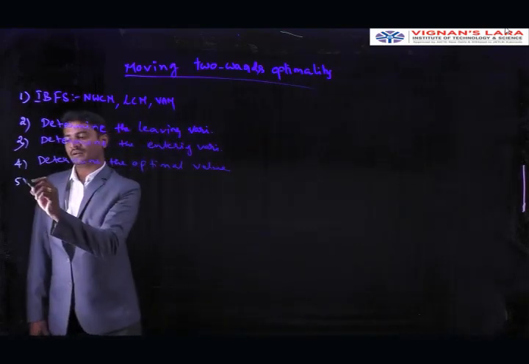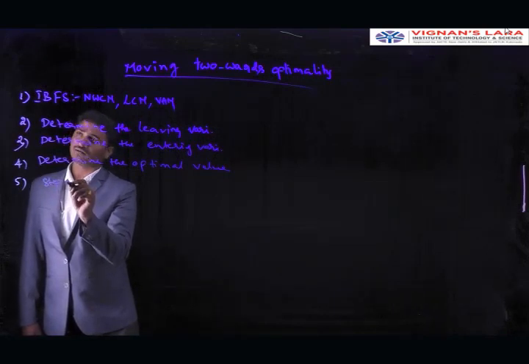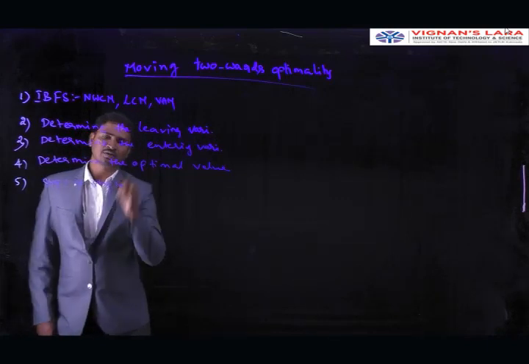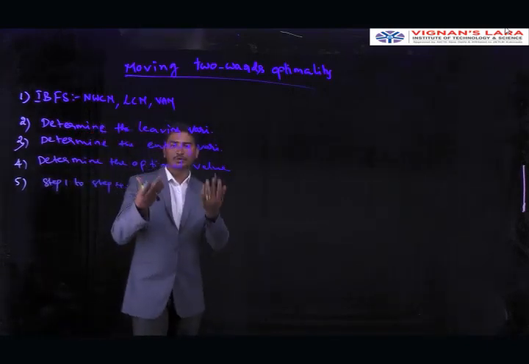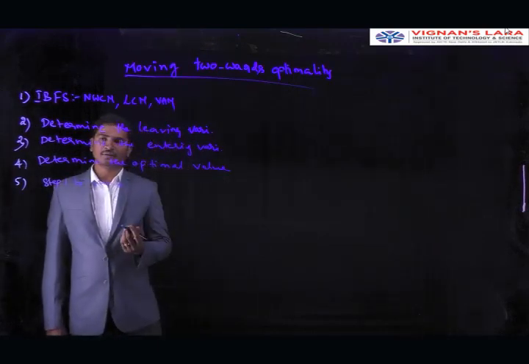Steps 1 to 4 are repeated until we get the final solution, that is the final cost. We are doing this process, then we get the optimal solution, and then we find the optimal value.